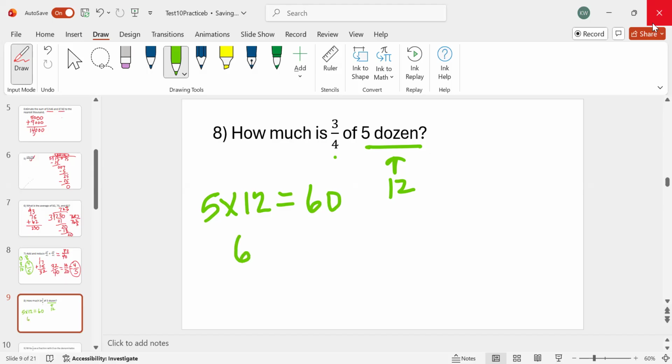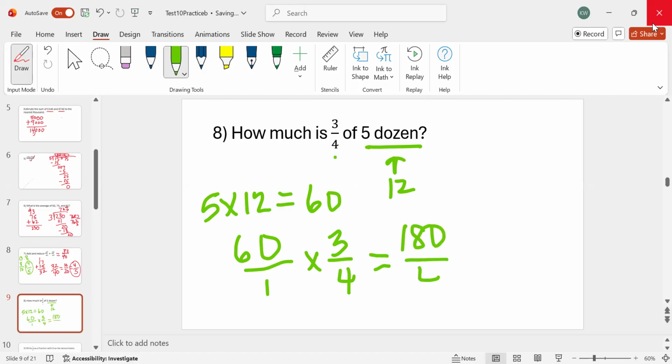So 60, you can say over 1 times 3/4. So 60 times 3, 6 times 3 is 18, and then that 0 on the end, and 4 on the bottom. And then you can go ahead and do that last division problem.